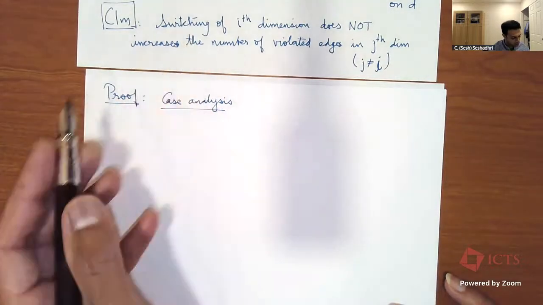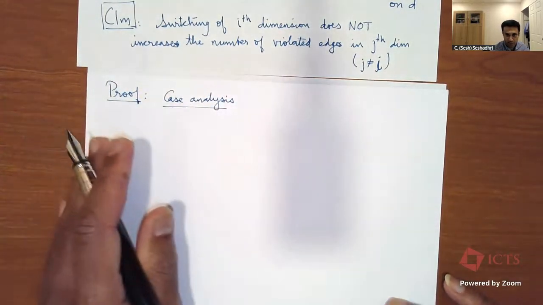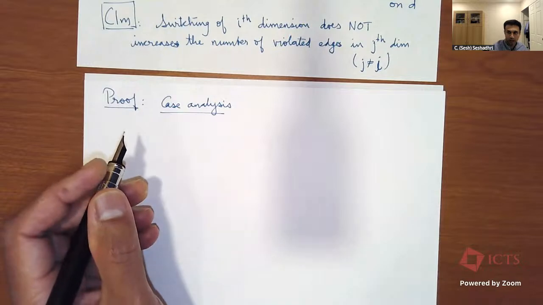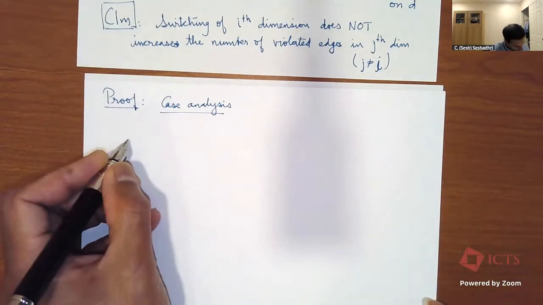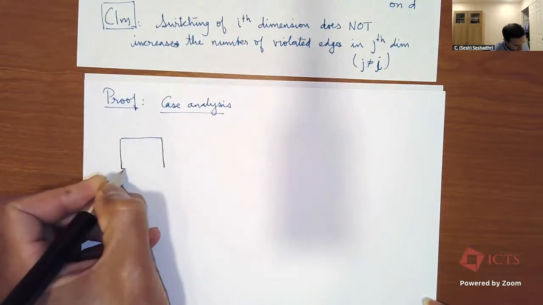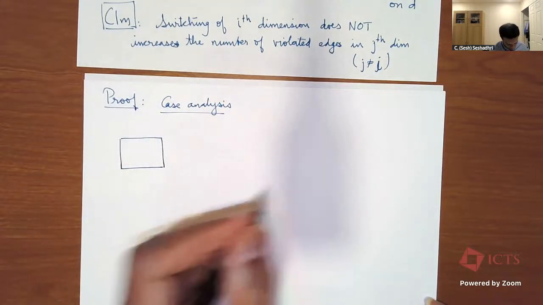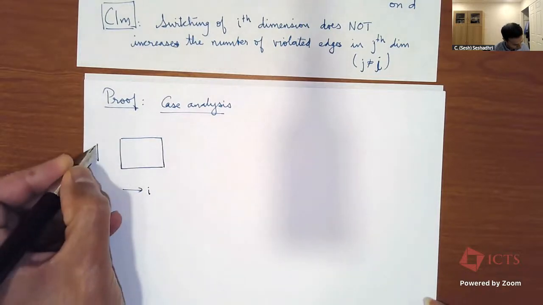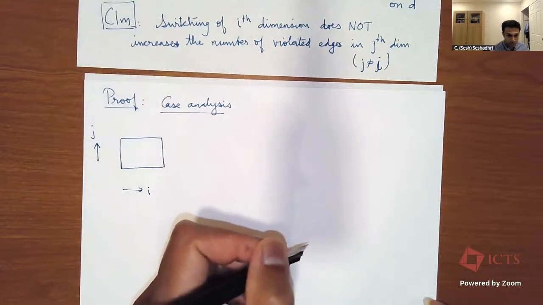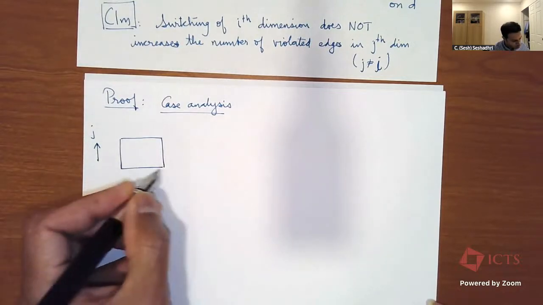So what happens is you switch in the ith dimension, and you want to see what happens in the jth dimension for j not equal to i. Essentially, it's all operating on squares. If this is the ith dimension and this is the jth dimension, we're really operating on squares.